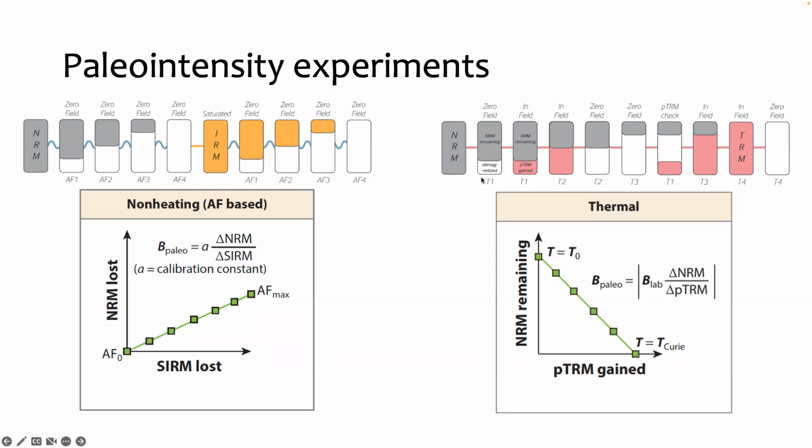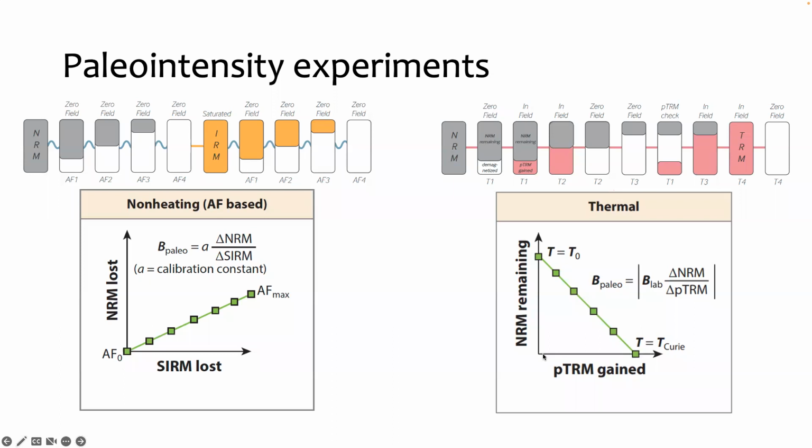If we were to do a canonical heating experiment, the way most people study Earth rocks, we would heat the sample to the Curie temperature slowly, but in between heating steps with zero field, we would heat the sample again to the same temperature in the presence of a field to impart it with partial thermoremnant magnetization.